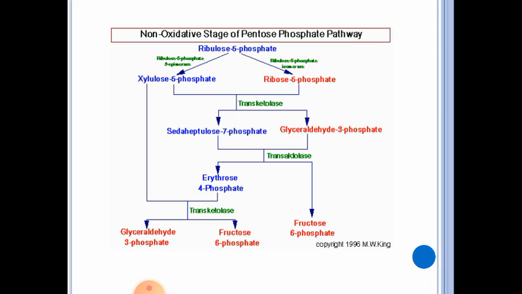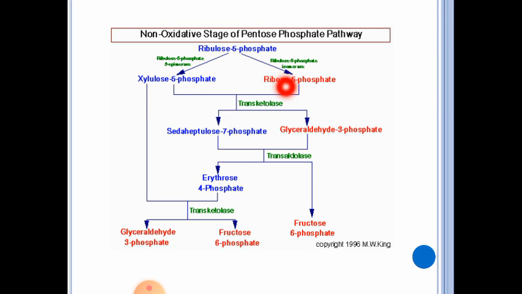Next is the non-oxidative stage of the pentose phosphate pathway. In the oxidative stage, you have seen that ribulose 5-phosphate is synthesized, and that enters the non-oxidative stage of the HMP shunt pathway. This ribulose 5-phosphate, with the help of the enzyme ribulose 5-phosphate epimerase, is converted to xylulose 5-phosphate.